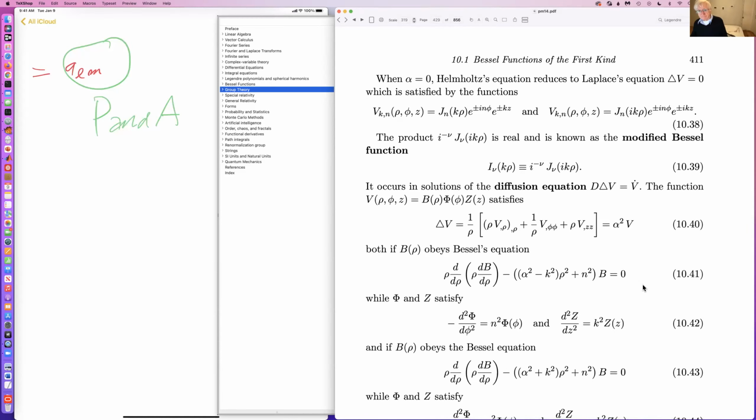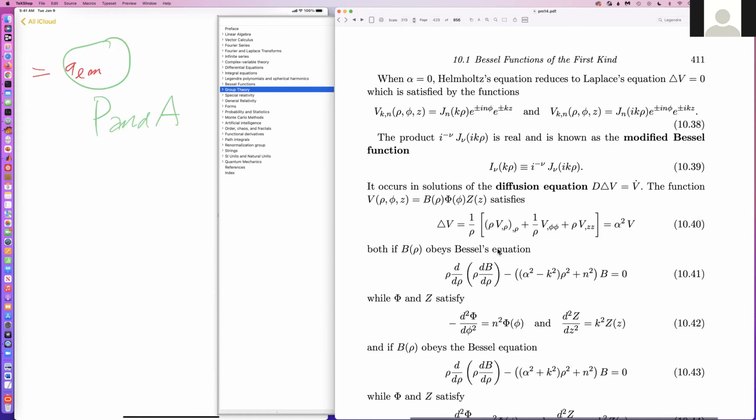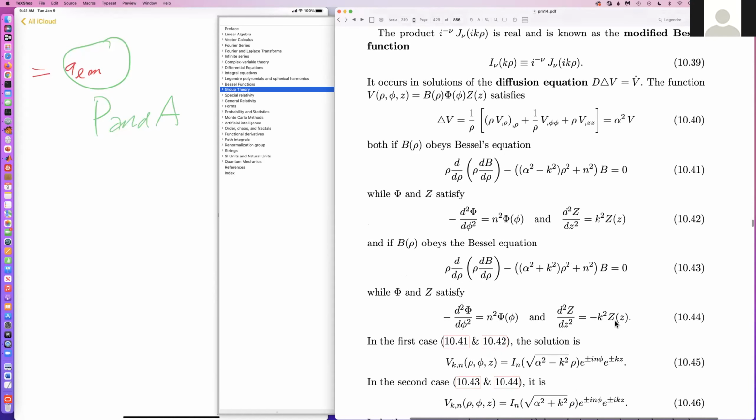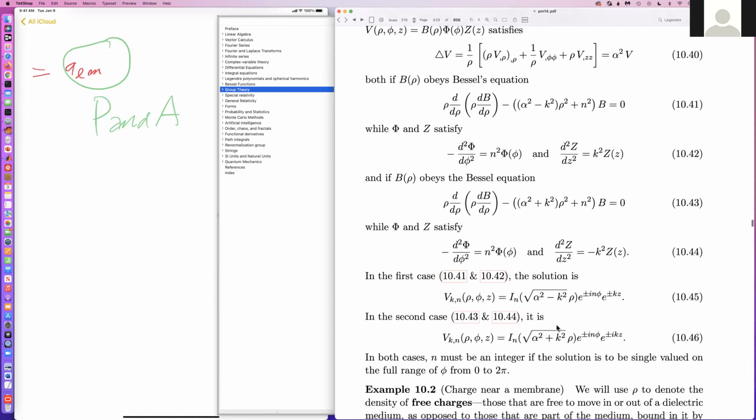And the solutions that one has, if it's Laplacian V is alpha squared V, then it looks like this, and B has to satisfy Bessel's equation like this or like that with minus signs here, where phi and Z are as before in the two possible cases.